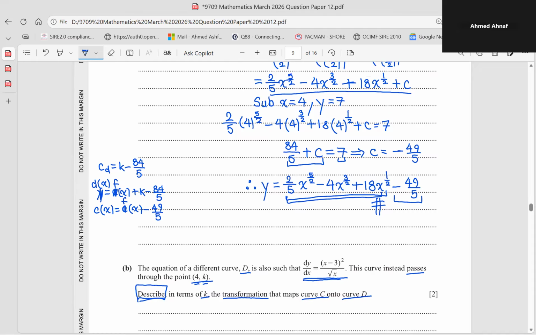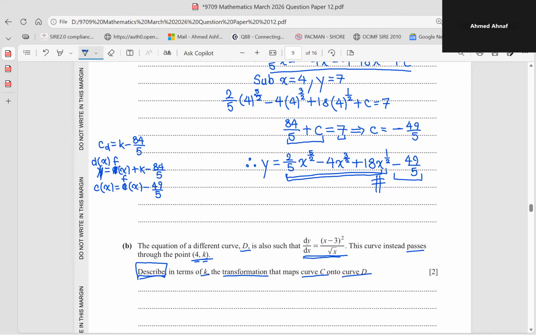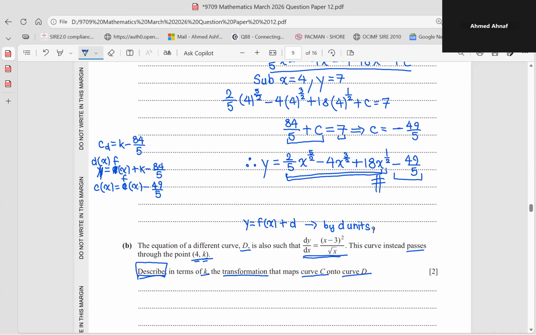Okay, so now I'm going to tell you the algebraic effect of this type of transformation. So let's say you have a function y equals to fx. So when you add a value, let's say d, you actually shift it vertically upwards by d units or through vector 0, comma d.